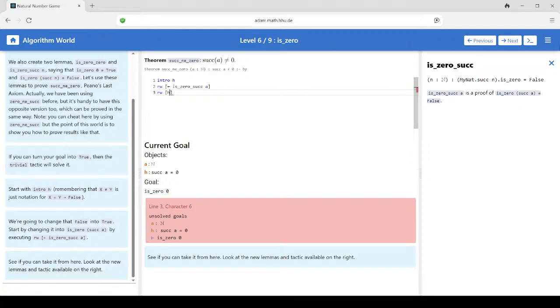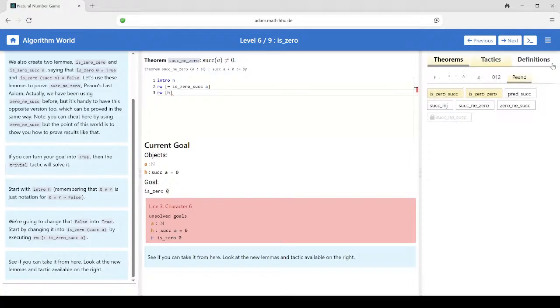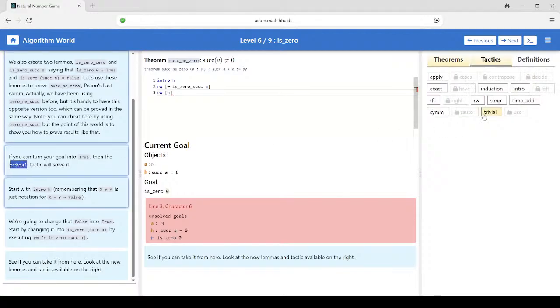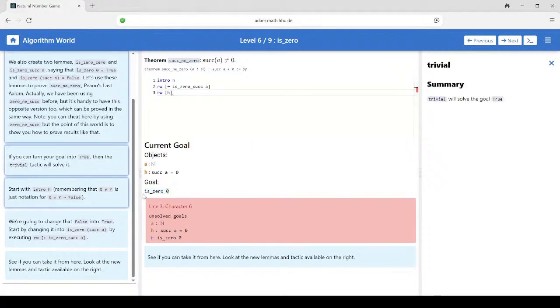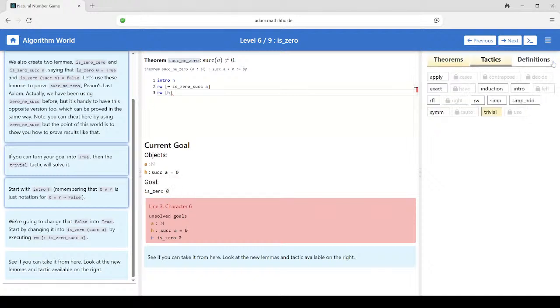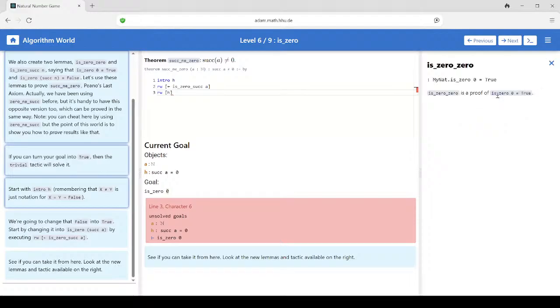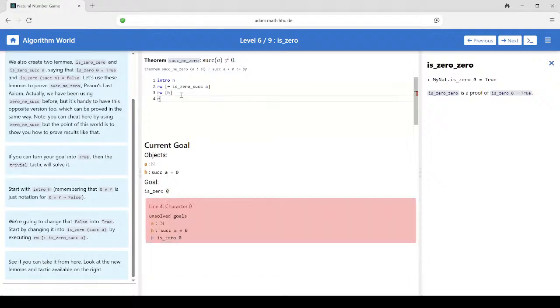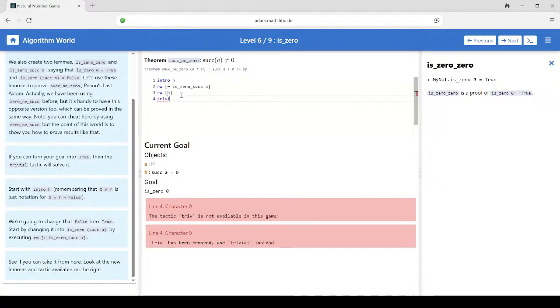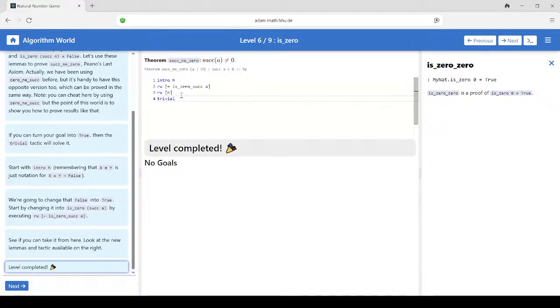What am I trying to prove now? Wait. Trivial. We use the trivial tactic, because it is true that is 0, 0 is a true statement. Oh, but I think we need to turn it into a true statement first, right? If I try trivial, no, that does work.